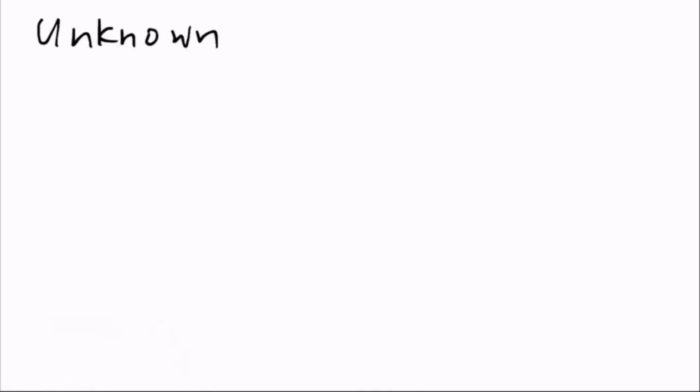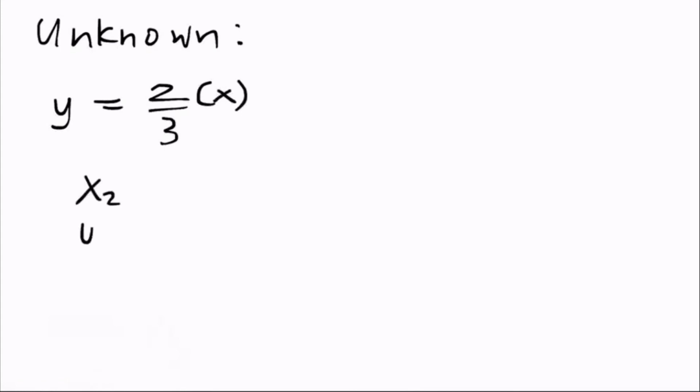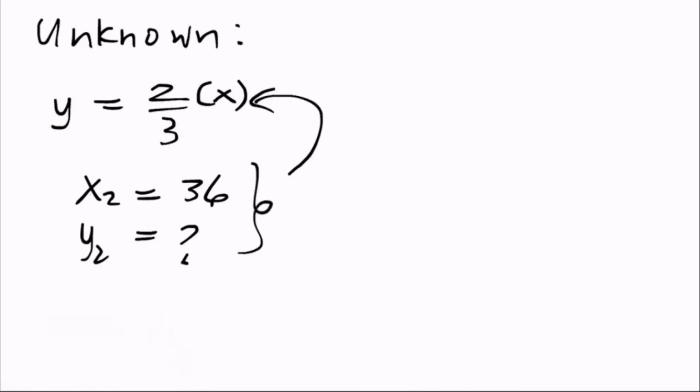In identifying the unknown, we need to write the equation of variation, particularly y is equivalent to 2/3 multiplied by x. We have x sub 2 and y sub 2. X sub 2 natin is 36 and y sub 2 natin is the unknown. So this is the second given of x and y, and we will be substituting it to the equation of variation.